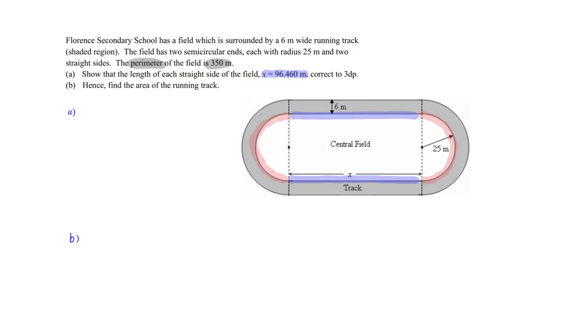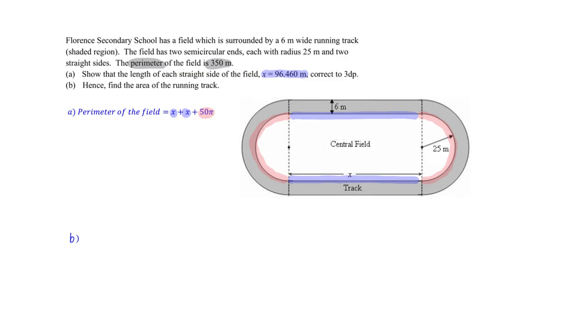So the perimeter of the field equals x plus x plus 50 pi. Why is it 50 pi? Because it is one circle.